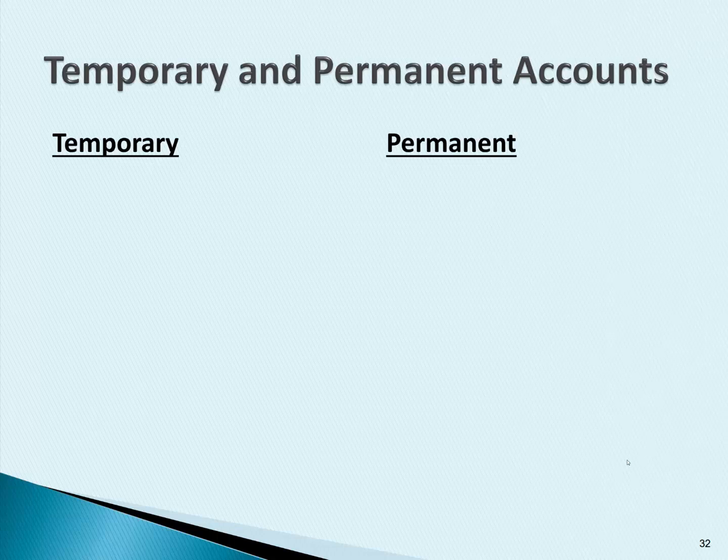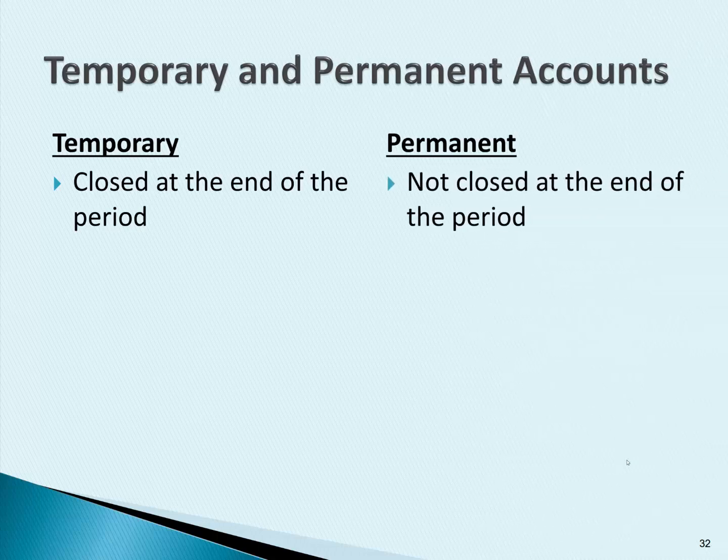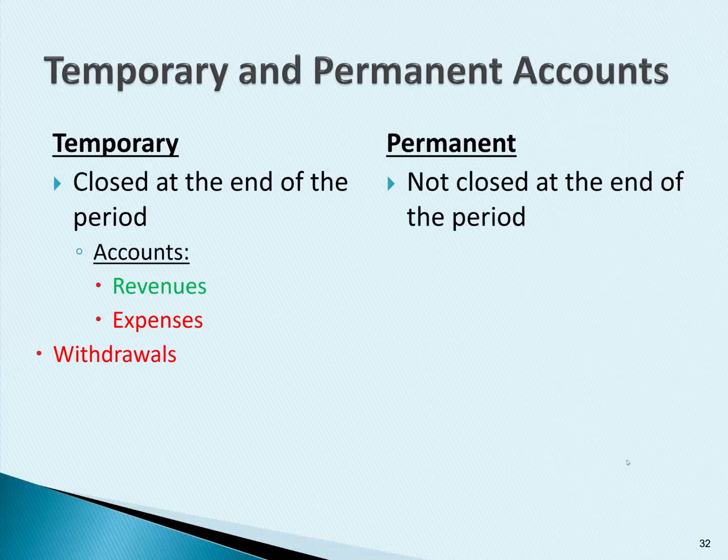Temporary accounts are closed at the end of the accounting period. Permanent accounts, like cash, are not closed at the end of the period. Temporary accounts include revenues, expenses, and withdrawals. Everything else are permanent accounts.